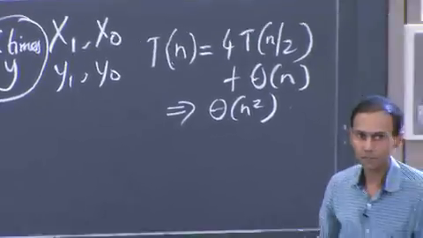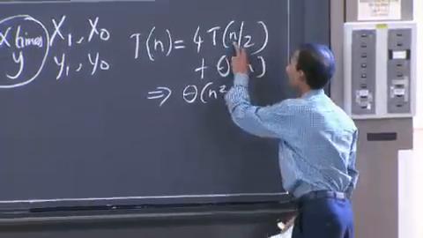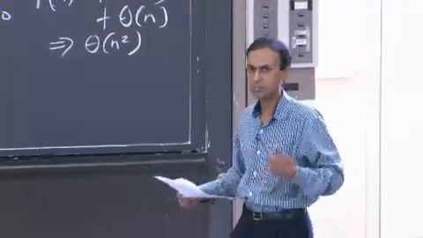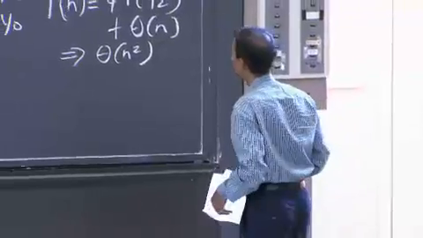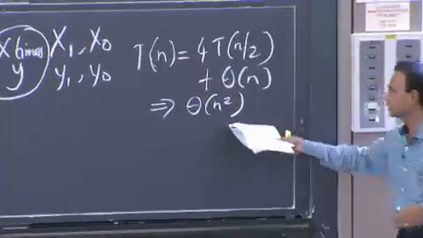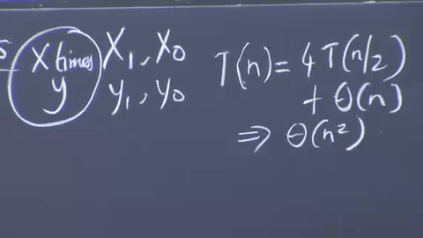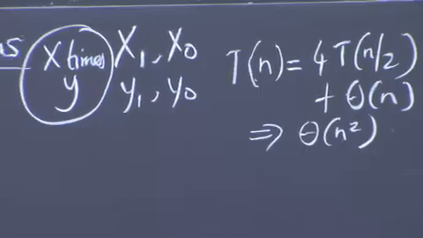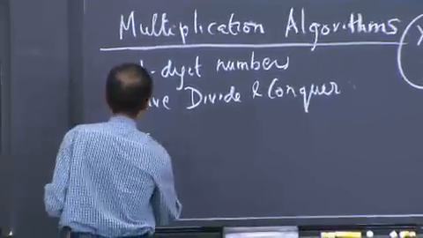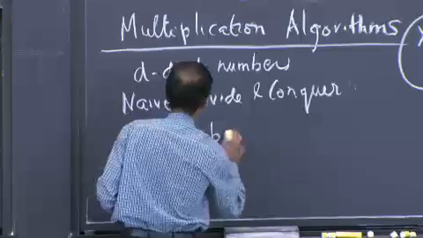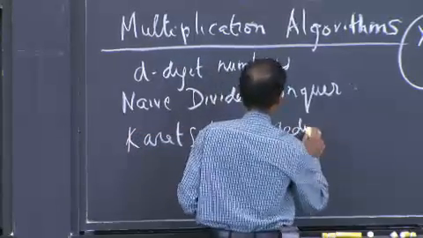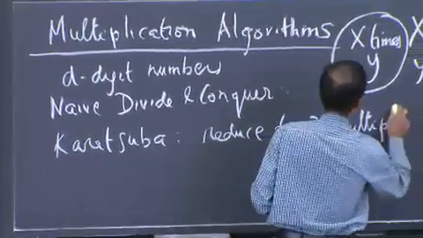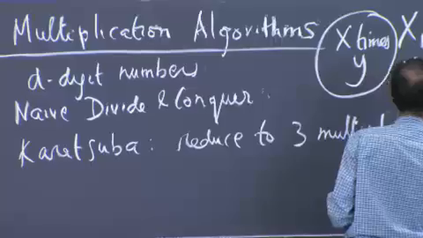So you have to do 4 multiplications corresponding to x1 times y1, x1 times y0, et cetera. And at each level in the recursive tree, you're breaking things down by a factor of 2 with respect to the digits of precision that you need to multiply as you're going down the tree. And this is the 4 multiplications. You get your theta n squared complexity. This gentleman by the name of Karatsuba recognized that you could play a few mathematical tricks, which I won't go over again, but reduce to 3 multiplications, and you do a few more additions.